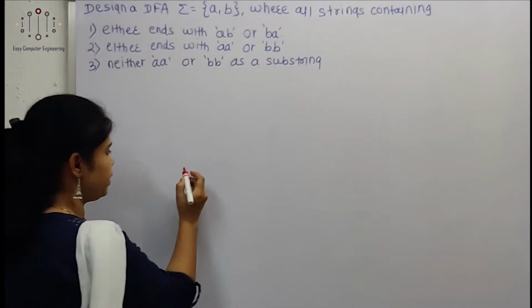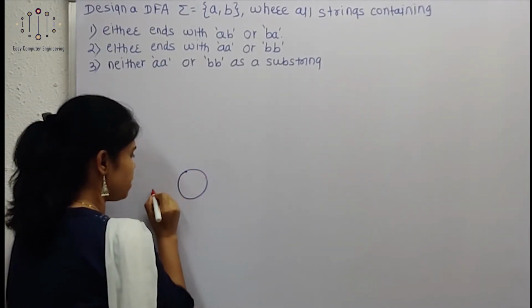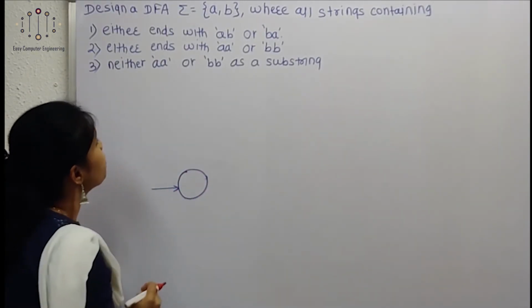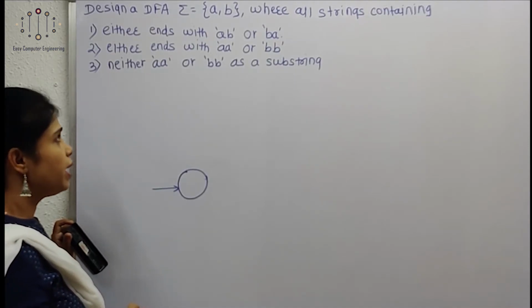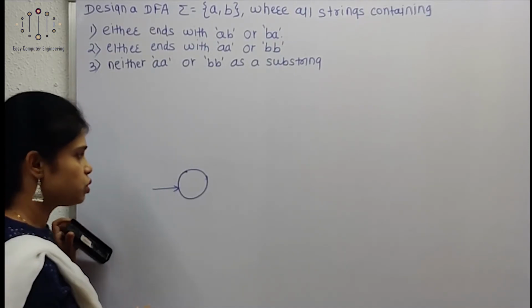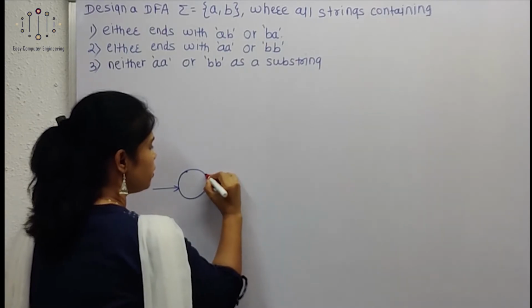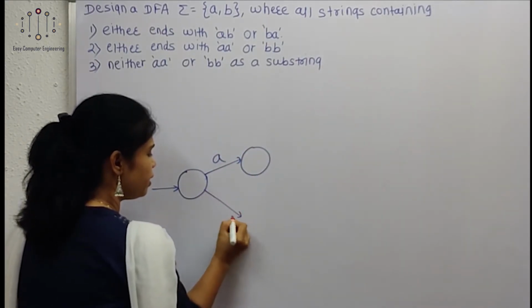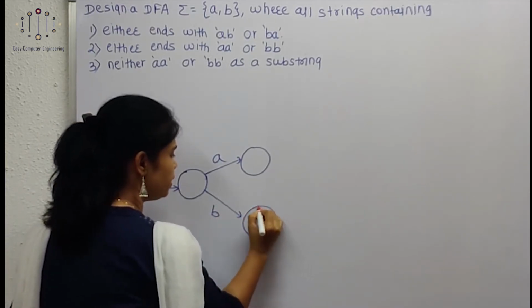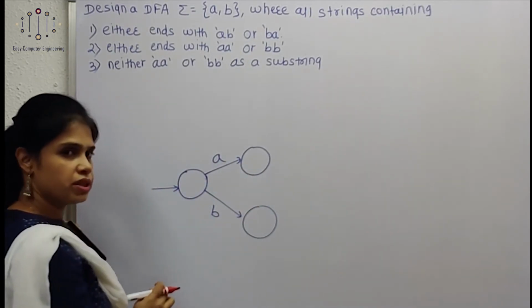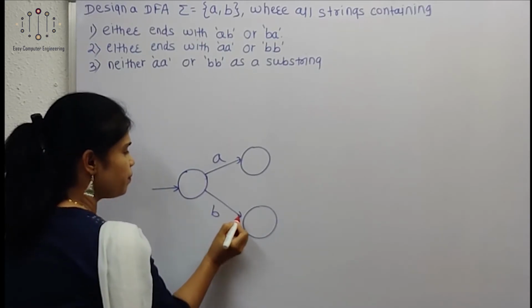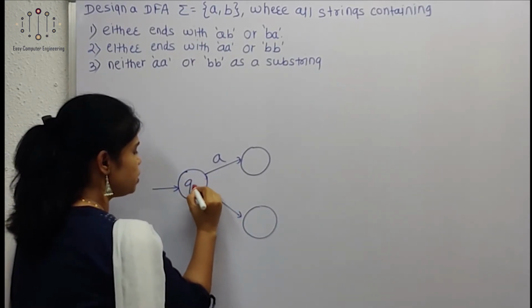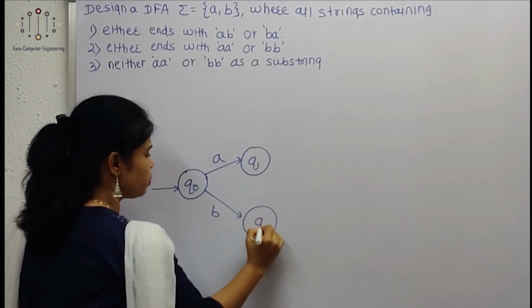So here we will take one initial state. This is my initial state, with neither AA nor BB as a substring. Here I am going to show one more transition on A and one more transition on B. We'll name these states Q0, Q1 and Q2.